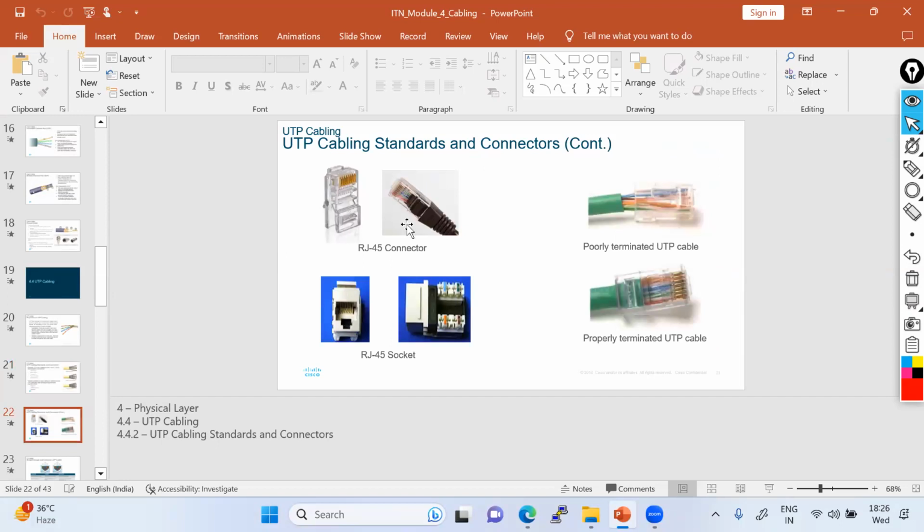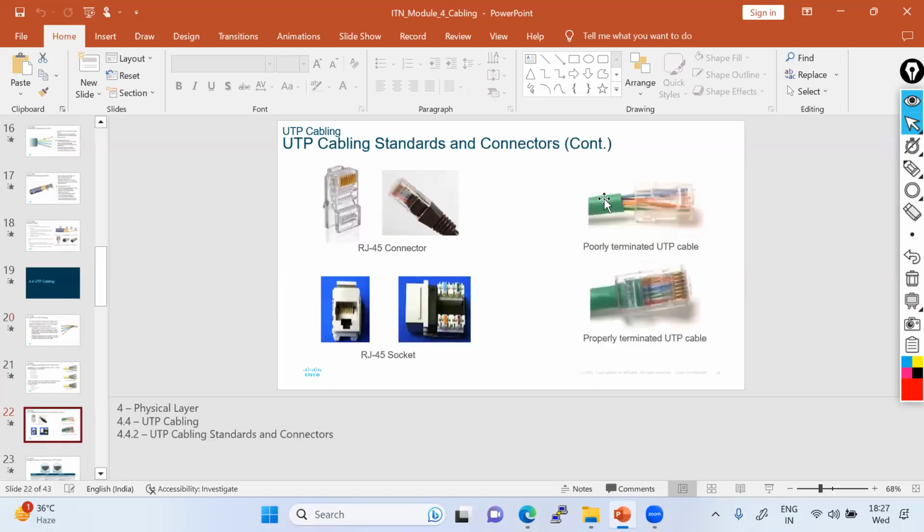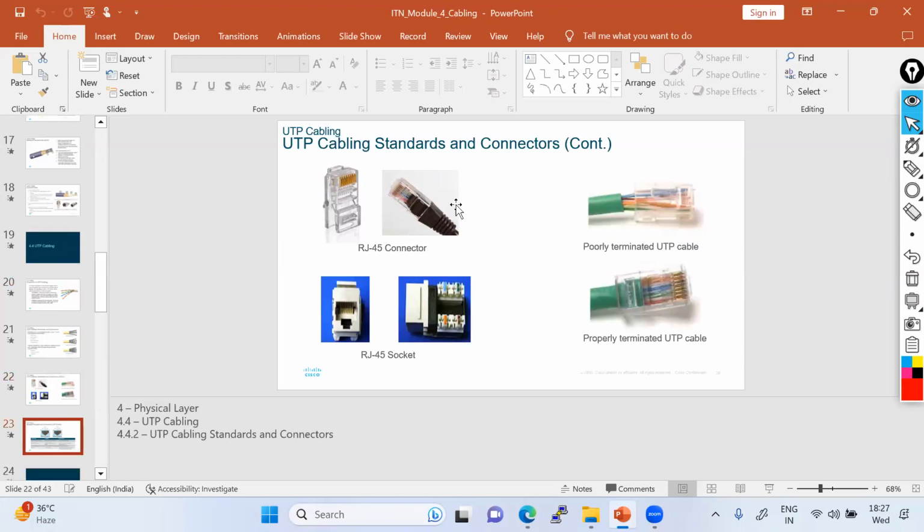And you can see these are the RJ45 connectors, which are used with the cables. They have sockets and cables, and they are going to terminate this kind of cable. Inside the cable, we have the untwisted pairs. We place this cable inside the connector, and then they make the LAN cable.